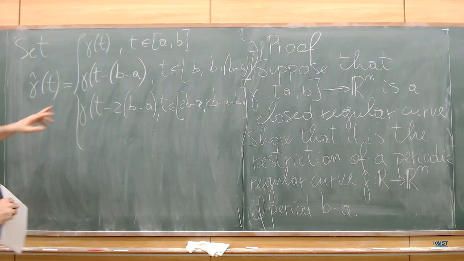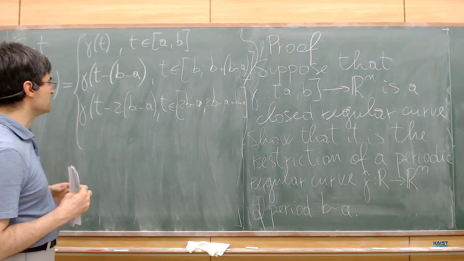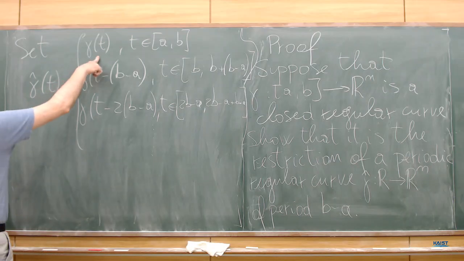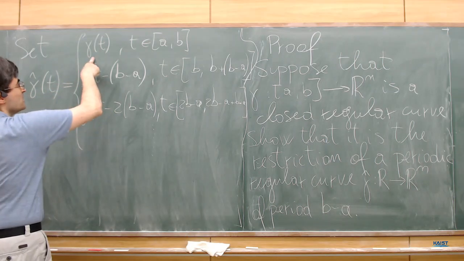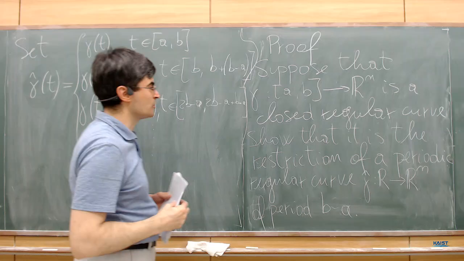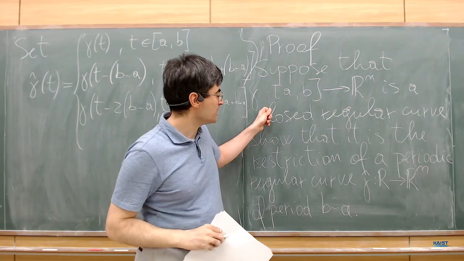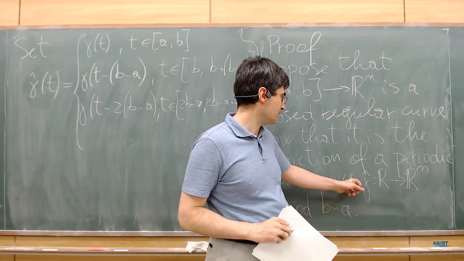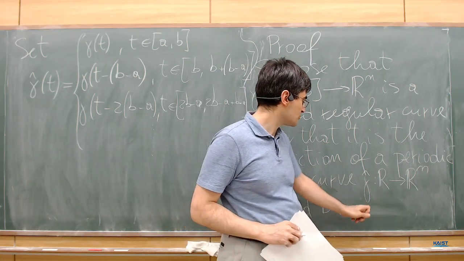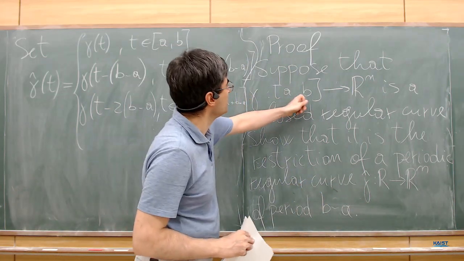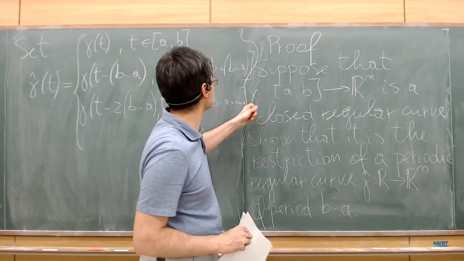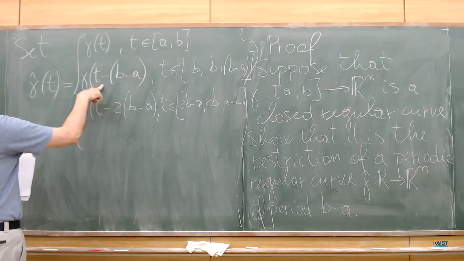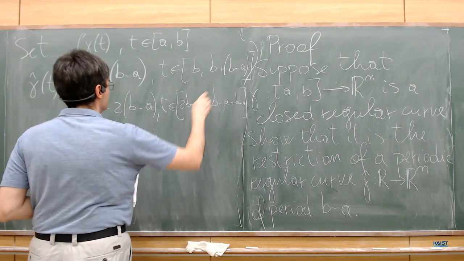And why is this the good definition? The first choice is clear because we are looking for a periodic regular curve gamma hat whose restriction to [A, B] coincides with gamma. So this is a forced choice. What about the second line here?